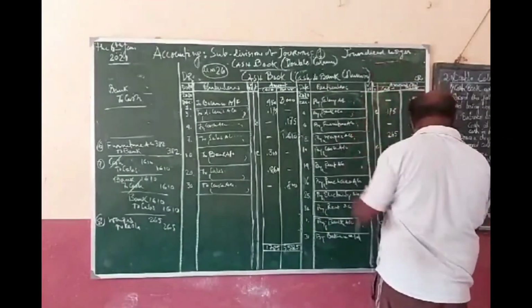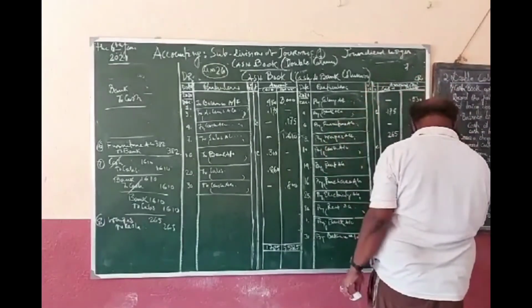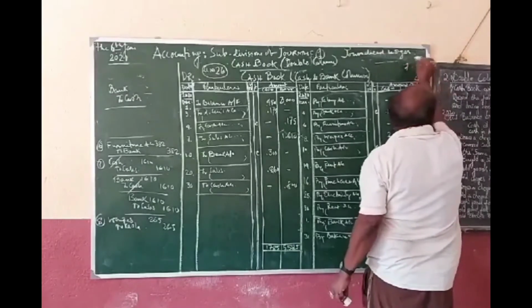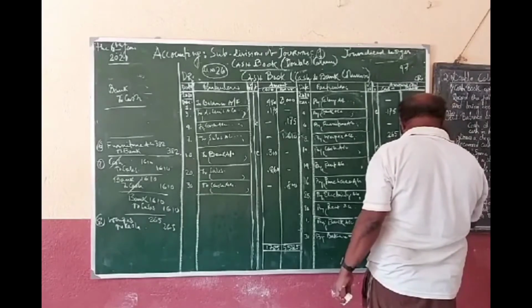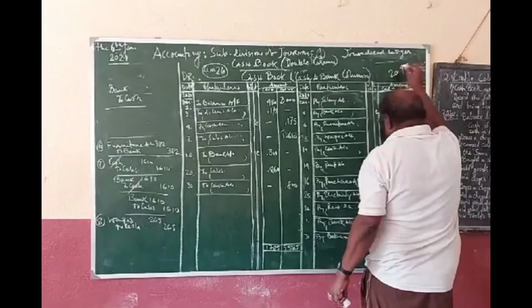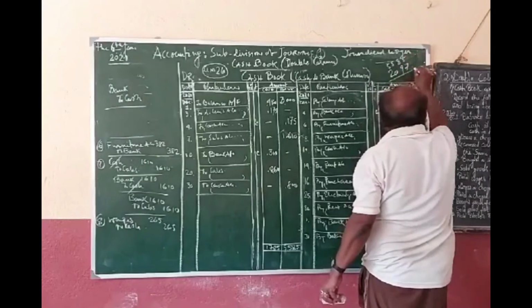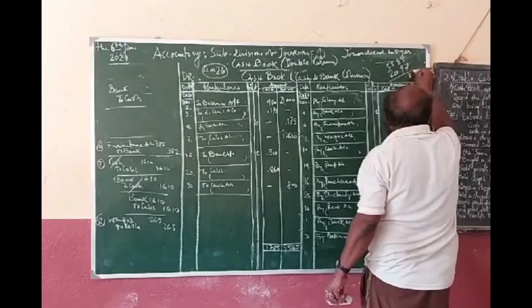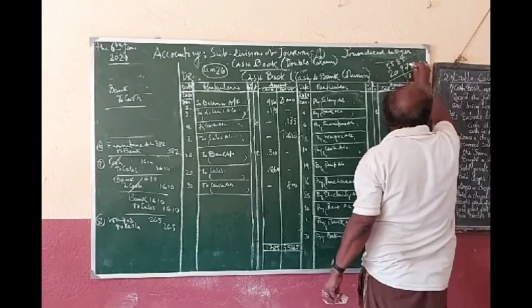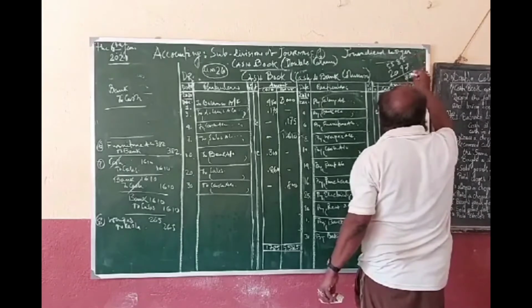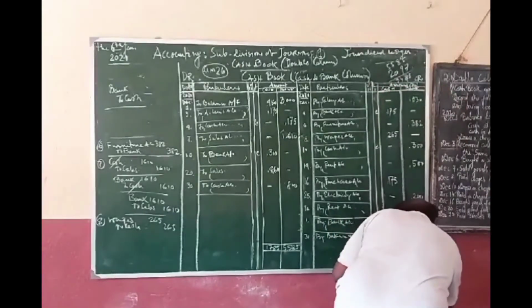Have we added? That is 5585. So it is 3488. Okay.